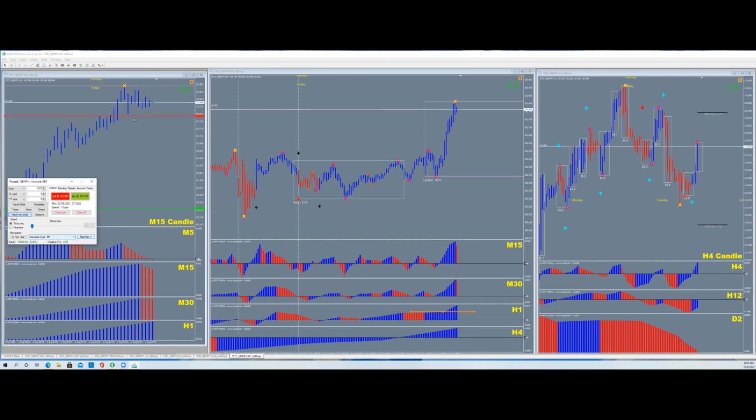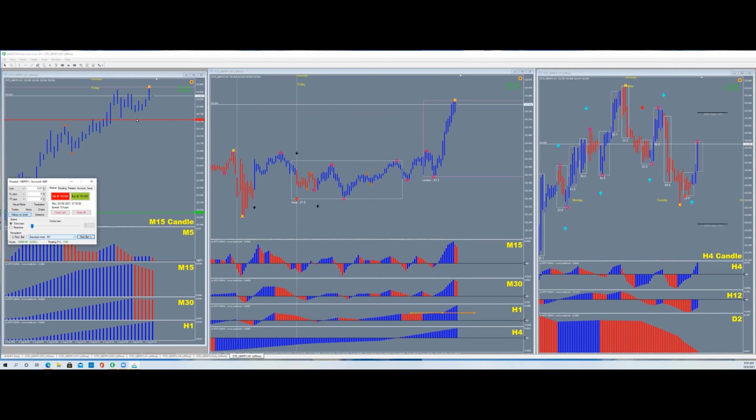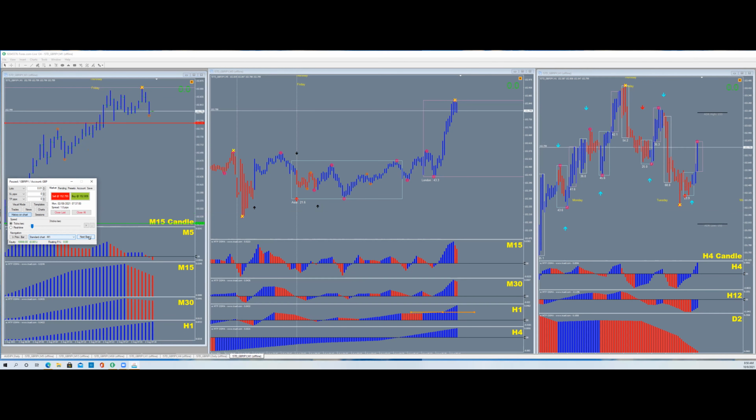There we go. So we were able to protect the pips, and gave the market a chance that if it wanted to continue to go up, it could. And now it's coming back and it's breaking this low, or at least came back to that low.